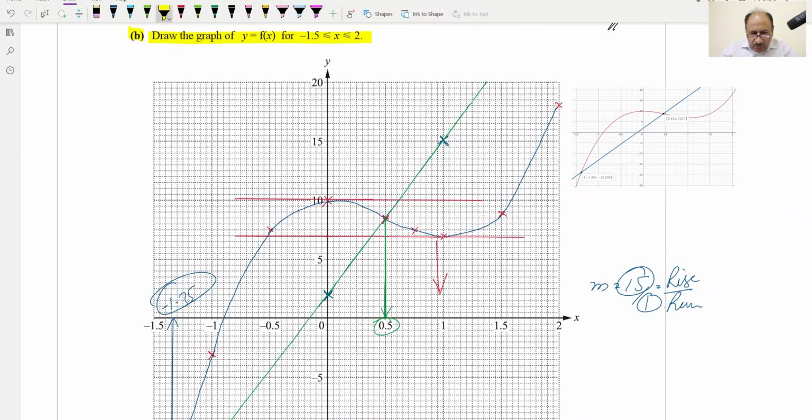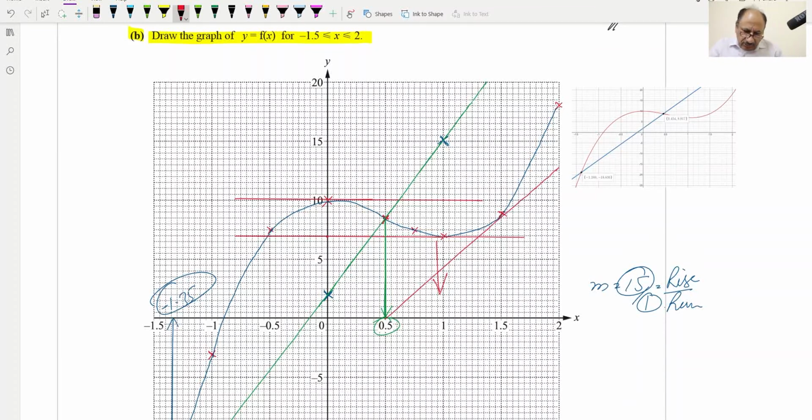So if we draw the tangent at 1.5, this will be the tangent, and if I rectify properly, this will be touching the curve at 1.5.